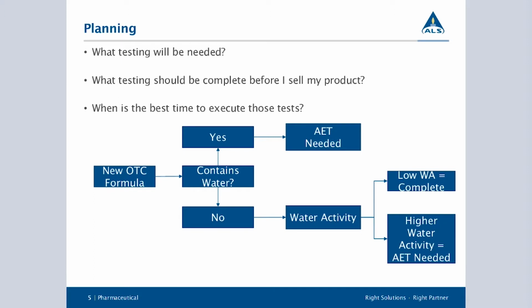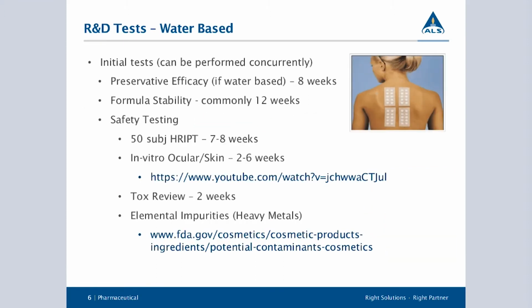If you aren't sure if your product contains water, or if you're pretty sure it's anhydrous, it's still a good idea to do a water activity test and confirm that. It's much less expensive than AET, so if you think it's going to qualify as anhydrous, it's a good way to go first.